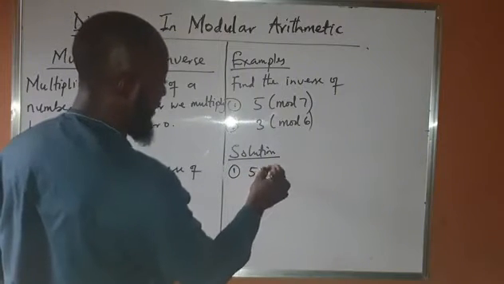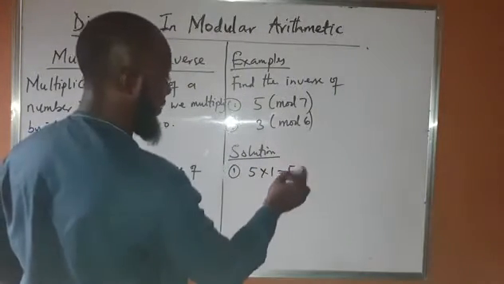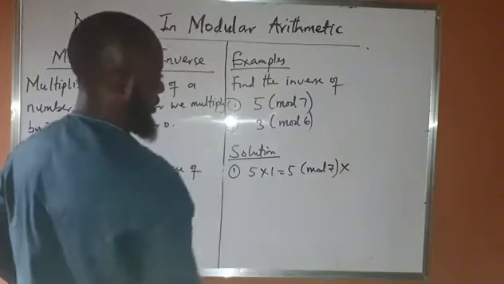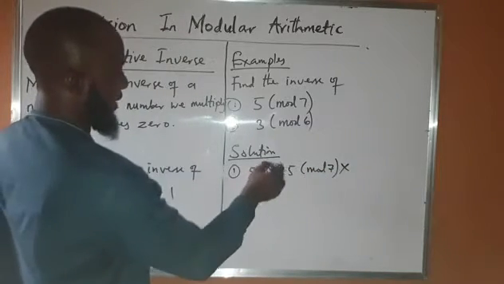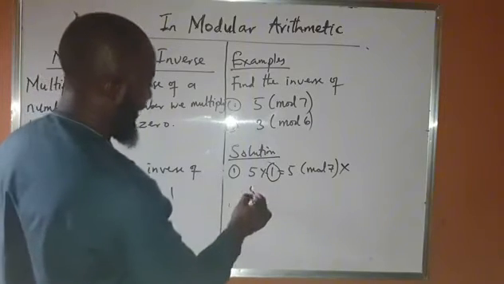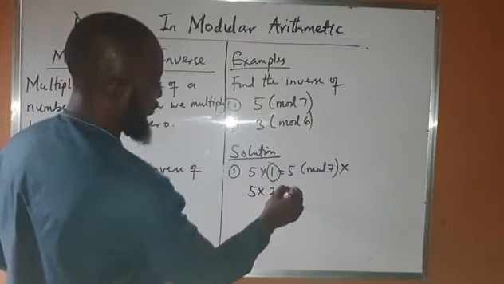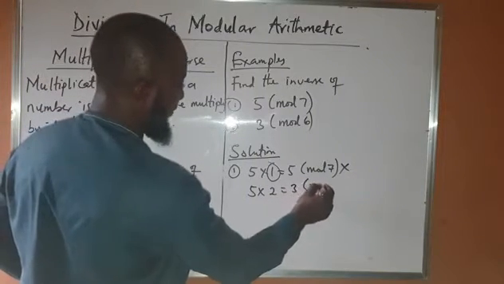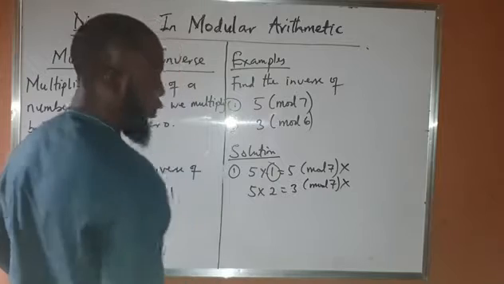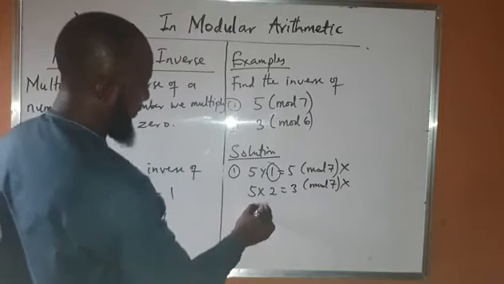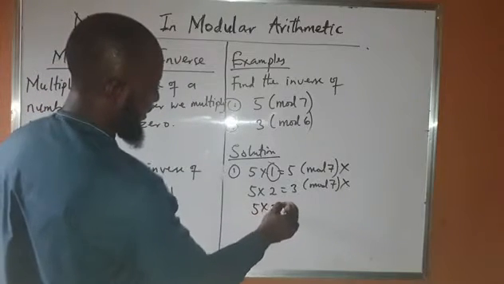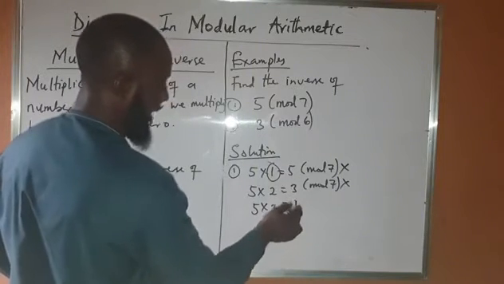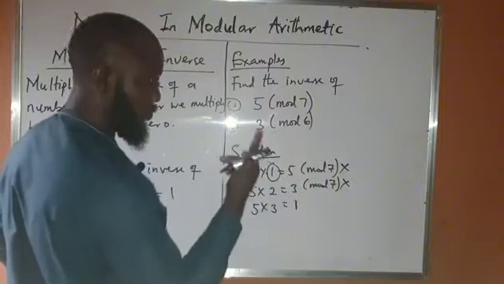Let's say 5 times 1 gives us 5 in mod 7, so 1 cannot be the answer. Then 5 times 2, which is 10, is 3 mod 7. This won't work. Let's try 5 times 3, which gives 15. 15 in mod 7 gives us 1, because 15 divided by 7 gives 2, remainder 1.